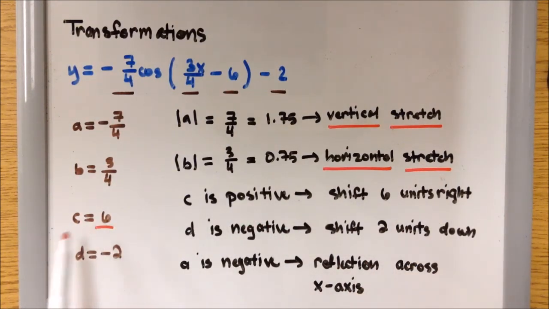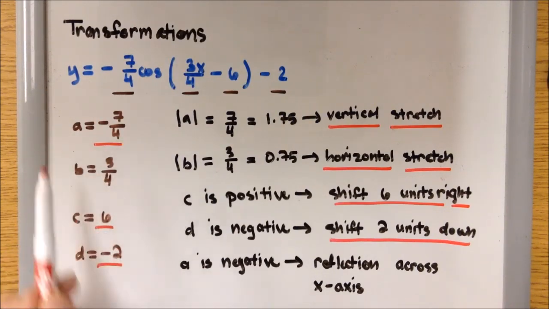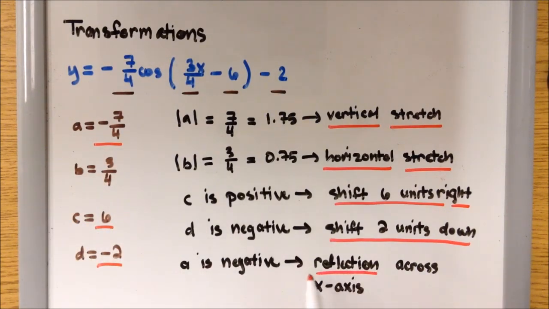Since C was positive, it shifts 6 units to the right. Since D is negative, it shifts 2 units down. Since A was negative, it's a reflection across the x-axis. So here are our 5 transformations.